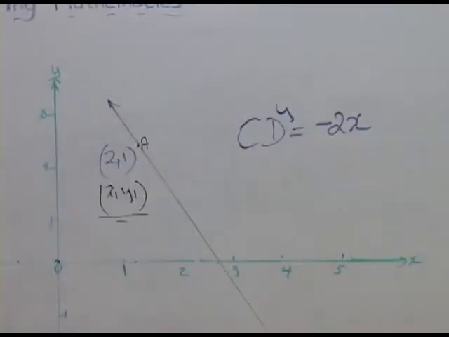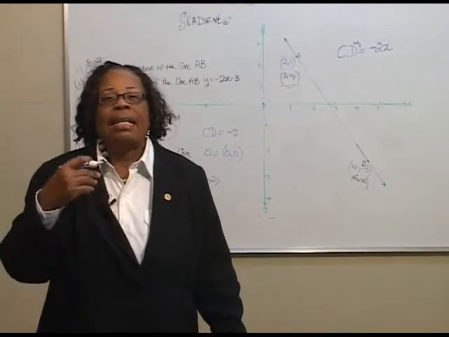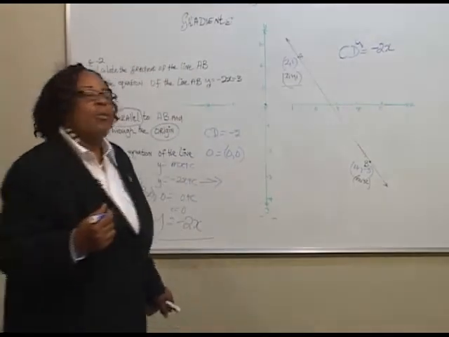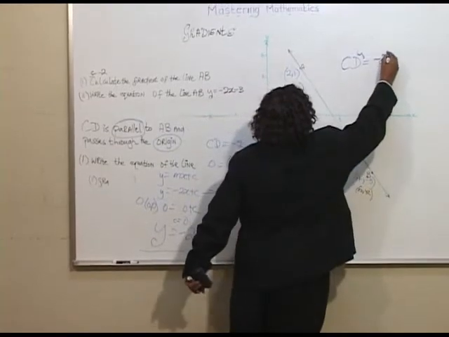If we have a line perpendicular to that line, what do we know about its gradient? What did we say we have to do? Yes, turn the gradient upside down and change the sign. And we will get the gradient of the line that's perpendicular. So watch here.